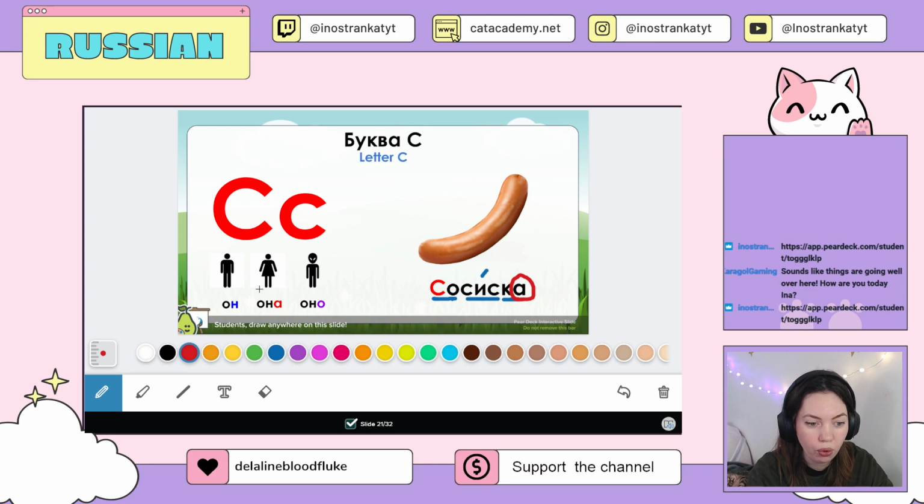It is not O or Ye, so it can't be оно. And it is not a consonant, so it cannot be он. So it is она, сосиска, a sausage, or actually it's a hot dog. Сосиска.